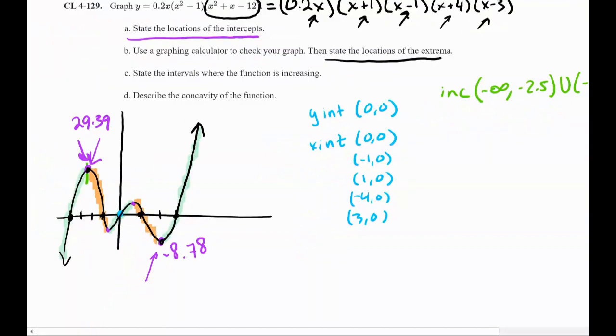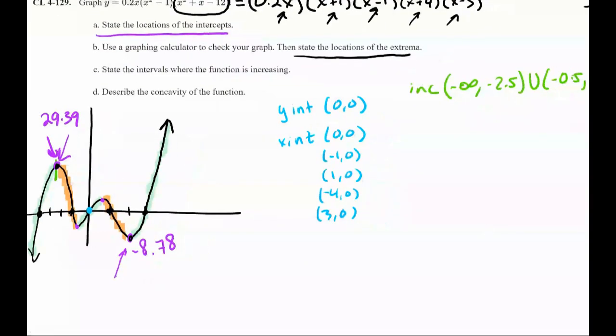Basically it's just those in-between values. So from negative 2.5 to negative 0.5, and from 0.5 to 2. So really these values should match, because where it's not increasing, that's where it's decreasing.